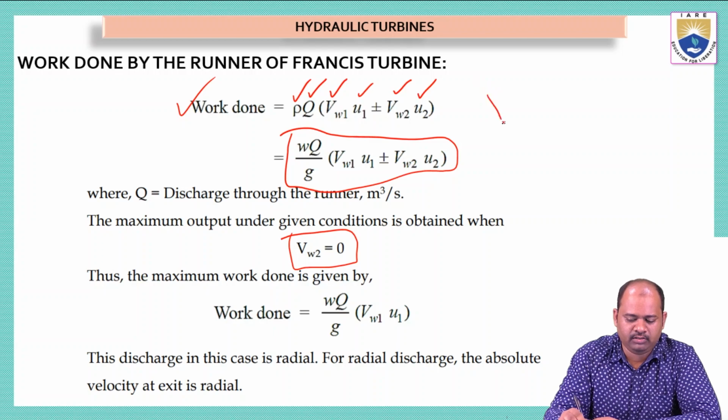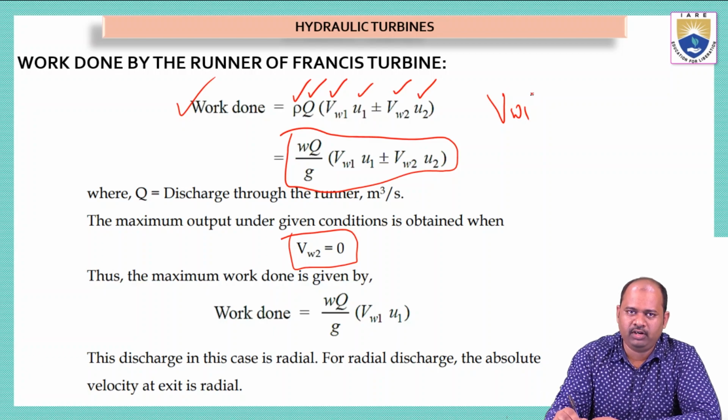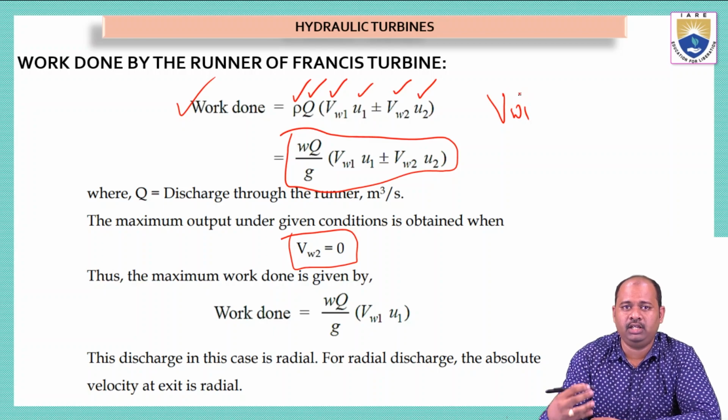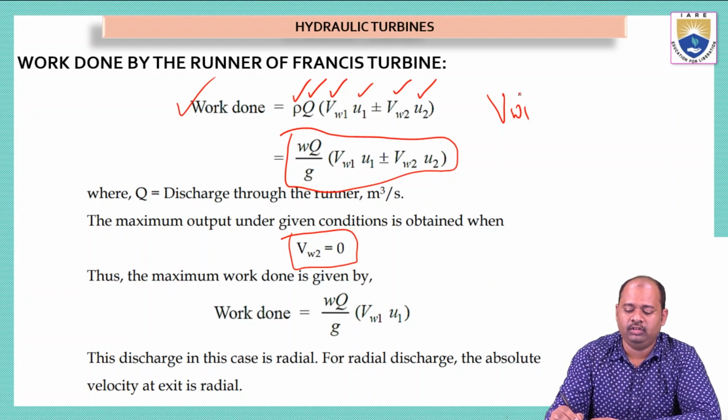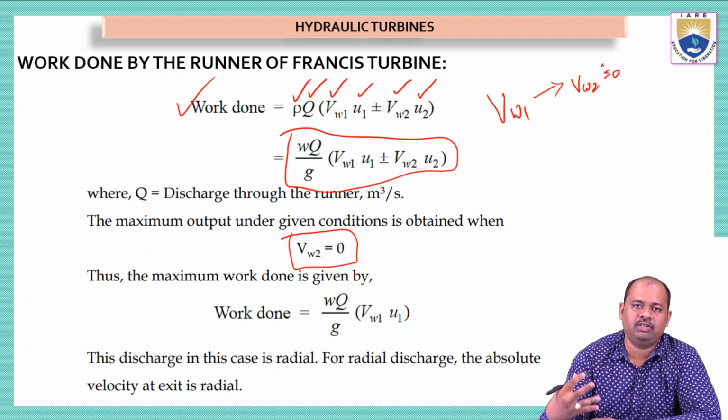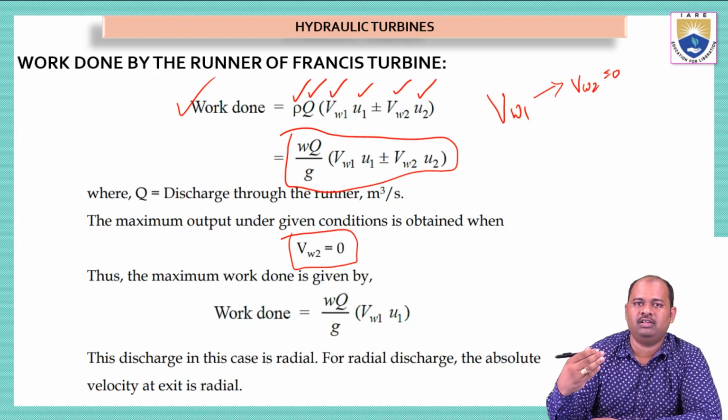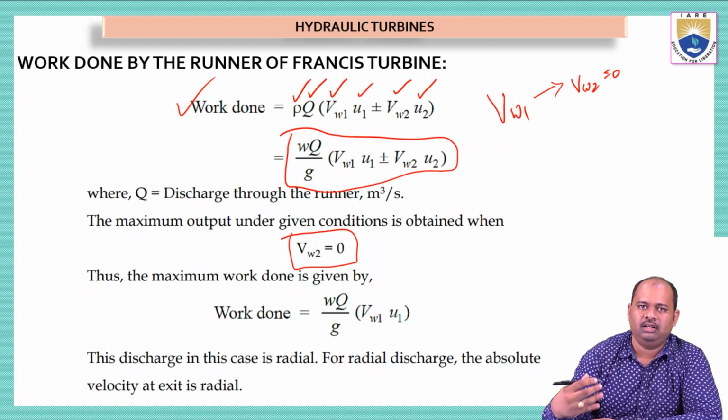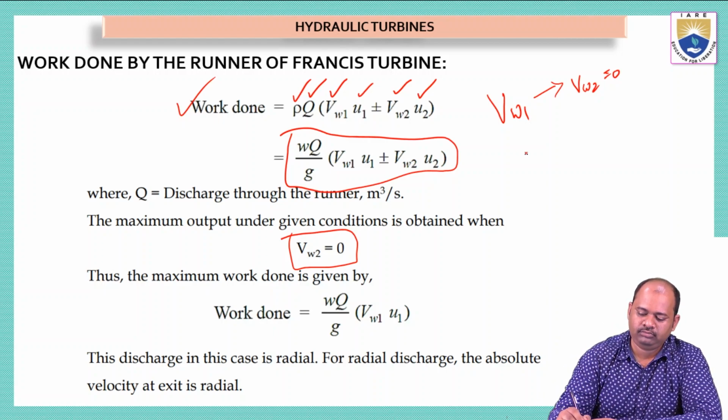Previously we have seen that whirl velocity is the key thing which will make the turbine move. VW1 is the whirl velocity at inlet. If this whirl velocity is completely converted into work done, then we will get VW2 equal to 0. Otherwise, we will have some value for VW2, the whirl velocity coming out of the vane.